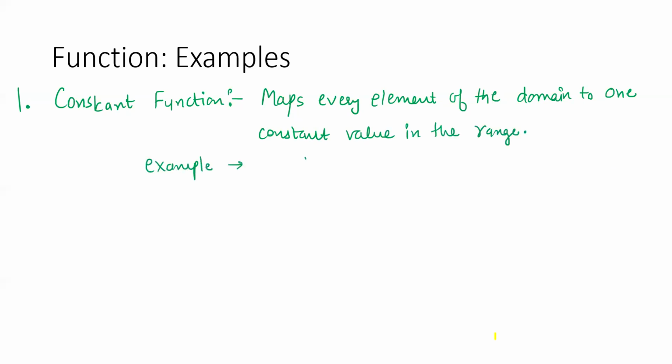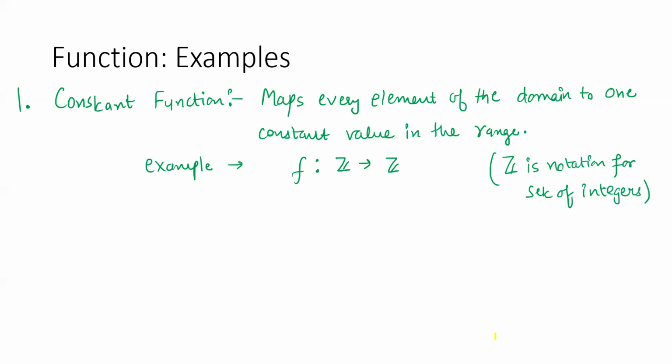For example, if you define a function from Z to Z, where Z is the notation for the set of integers, like f(x) is equal to 0 for all x belonging to the integers, then whatever x be, the final answer is going to be 0. So all integers have their image as 0.